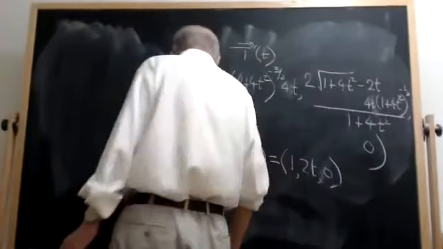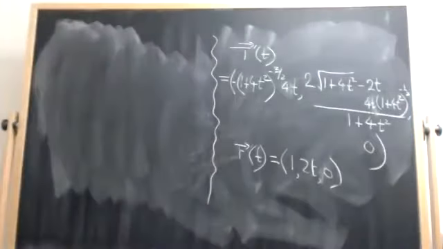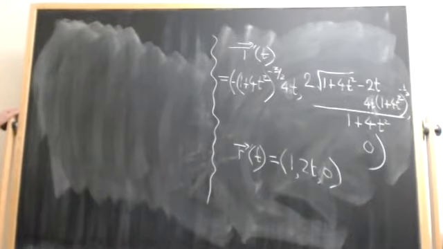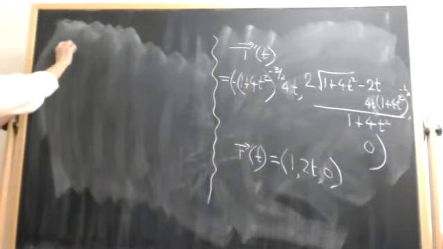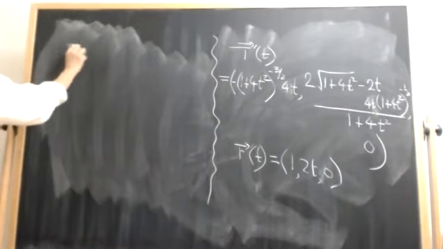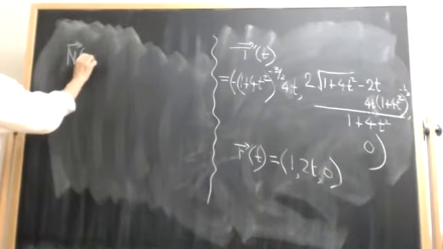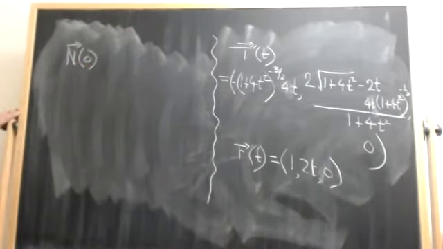Let me keep this. What's the next thing that we need to do? We have to find the unit normal vector, which is N of t at 0. And what is it?